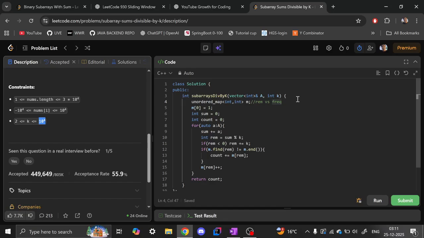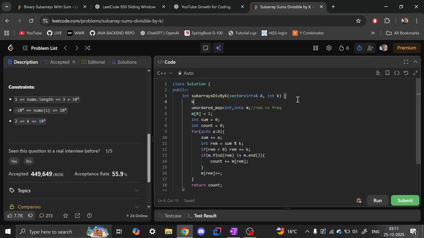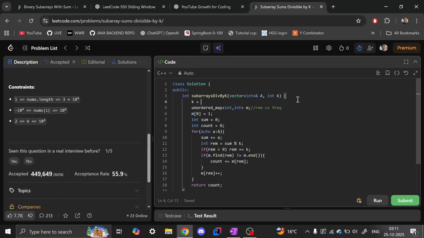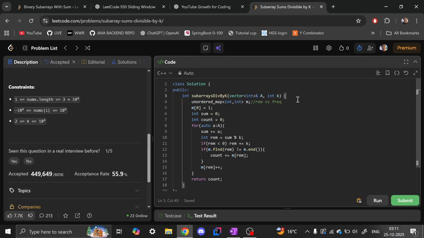So if k is very large, let's say k is 9999, then we can have remainders from 0 to 9998. So that is our worst case. Our unordered map has the worst space complexity of O of k. I hope this solution did make sense to you.